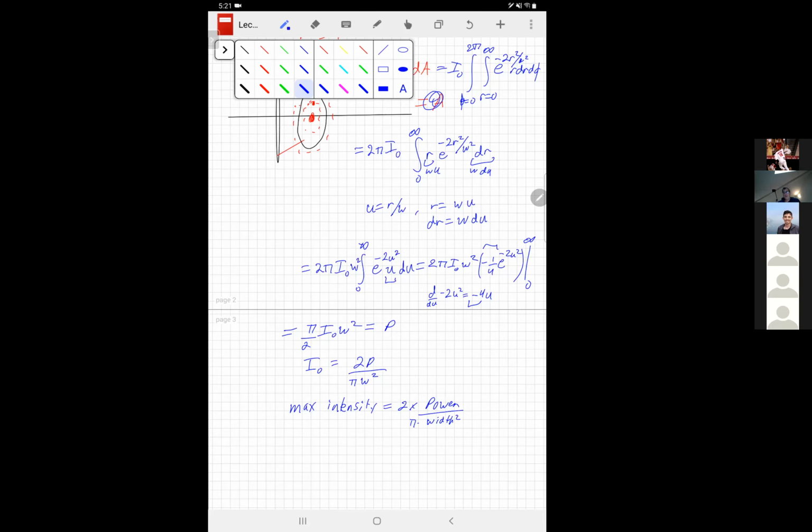You might say, well, why isn't the intensity the power over the area? Well, you would expect the average to be the power over the area, and then you would expect the maximum to be somewhat greater than the average. And here it's just 2 times the power over the area of a circle. Somebody must have a question.